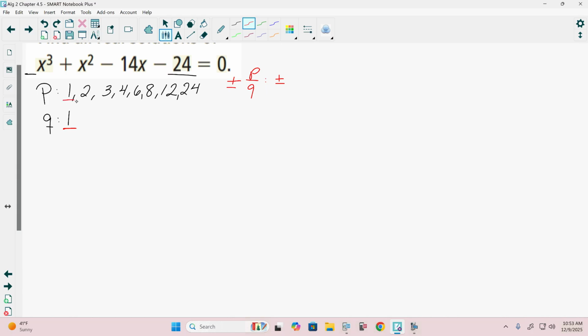But since there's only 1, we're just dividing everything by 1. 1 divided by 1 is 1. 2 divided by 1 is 2. 3 divided by 1 is 3. 4 divided by 1 is 4. 6 divided by 1 is 6. 8 divided by 1 is 8. 12 divided by 1 is 12. And 24 divided by 1 is 24.